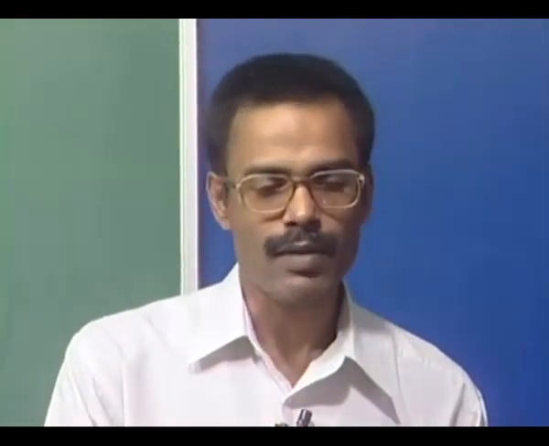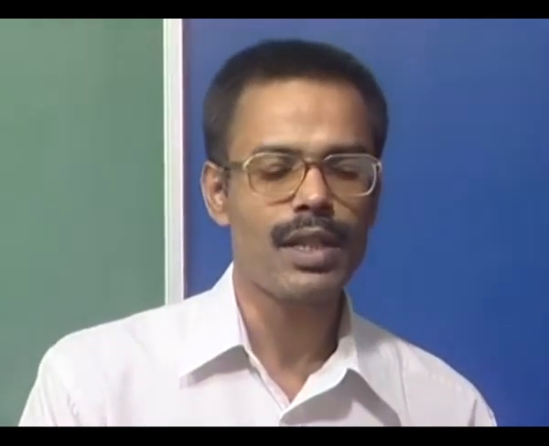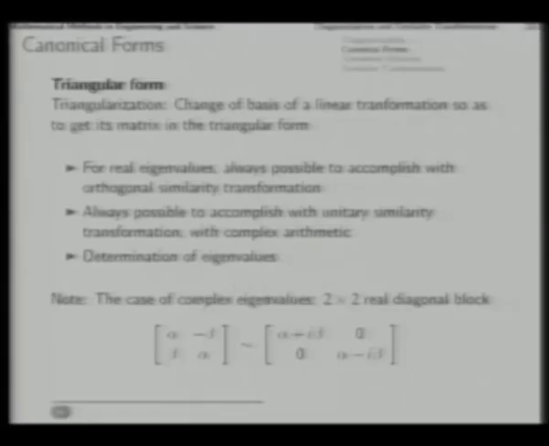Now, if you insist on working with real arithmetic only and orthogonal similarity transformations only, even though there are complex eigenvalues, then you can almost do the triangularization, except that for a pair of complex eigenvalues you may be left with real diagonal blocks of 2 by 2 size like this, because this is actually equivalent to the triangularized version, which is this, and you will never be able to reduce this matrix till this point unless you allow complex arithmetic in your calculations.